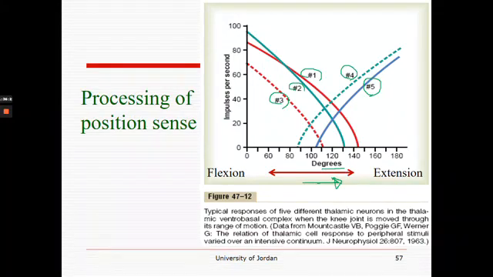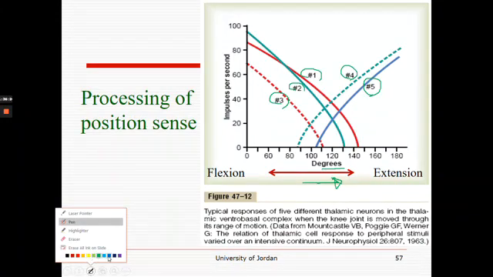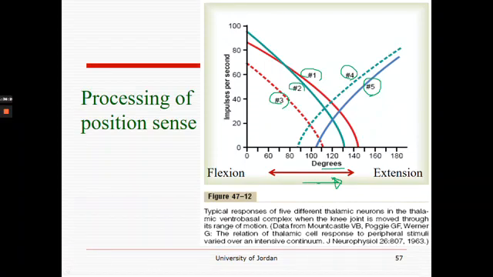On the other hand, in flexion, the number of impulses at 1, 2, and 3 is increasing, and the number of impulses at 4 and 5 is decreasing. Look at any degree. At 140 degrees you have this level of impulses at 4 and this level at 5.